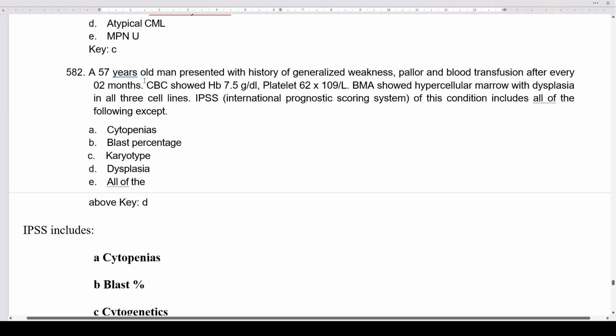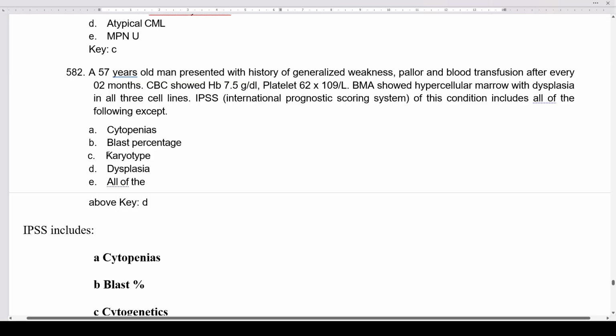A 57-year-old man presented with a history of generalized weakness, pallor, and blood transfusion every 2 months. CBC showed hemoglobin of 7.5, platelets 62. BMA showed hypercellular marrow with dysplasia in all three lines. The IPSS score of this condition includes all of the following except. So it is a case of MDS, and what is included in IPSS?